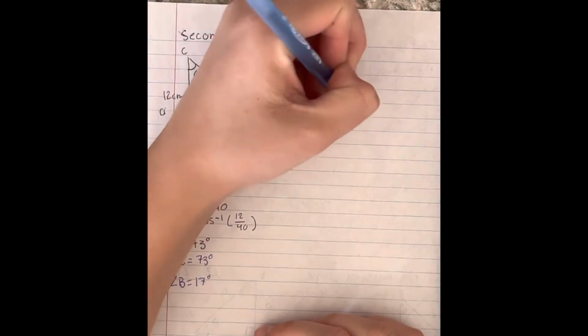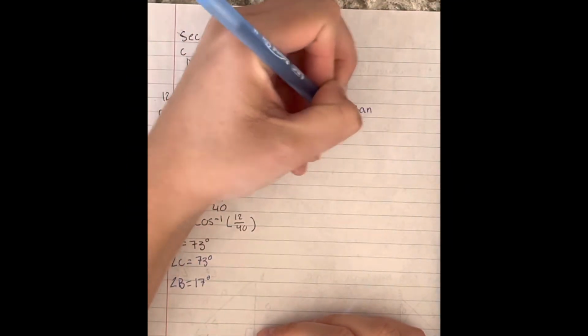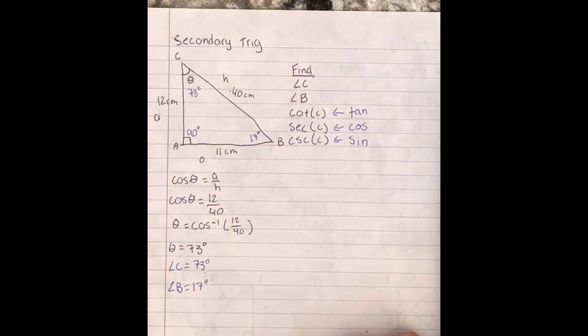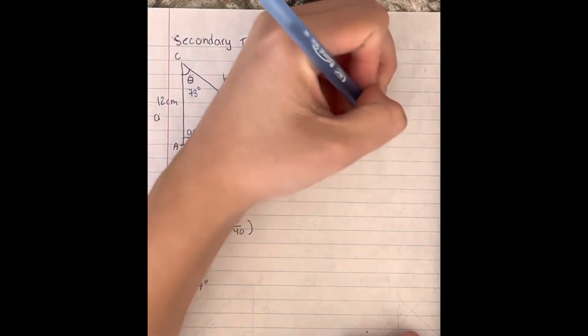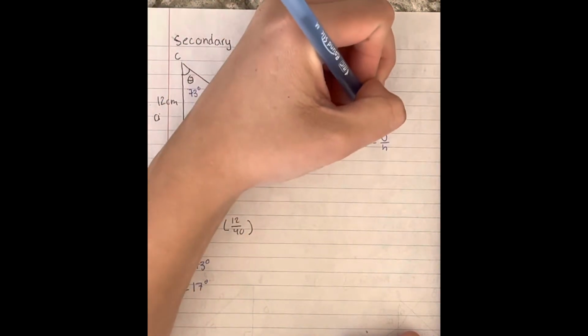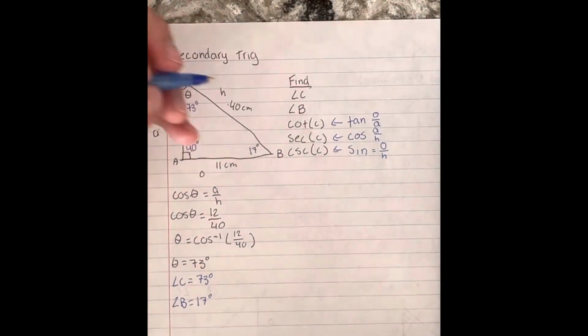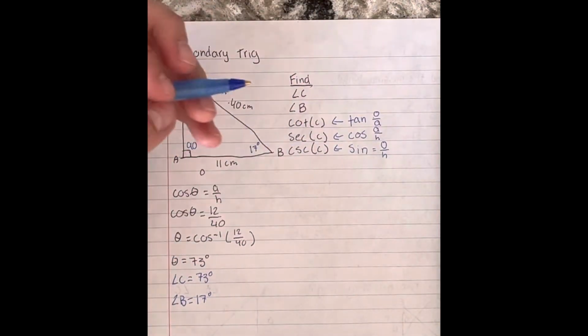Now over here to deal with our secondary trig functions, I am just writing out the reciprocals. So cotangent is tan, secant is cos, and cosecant is sine. And they're the reciprocals, they just flip.